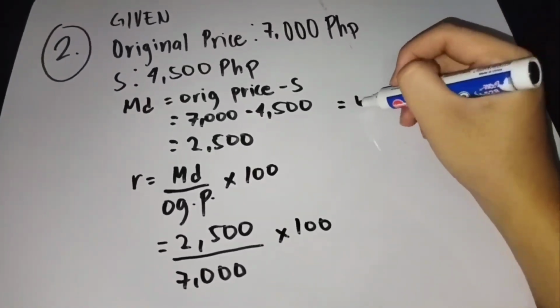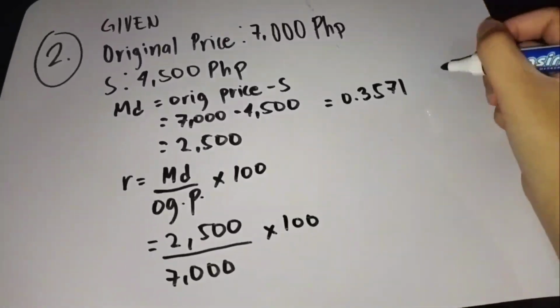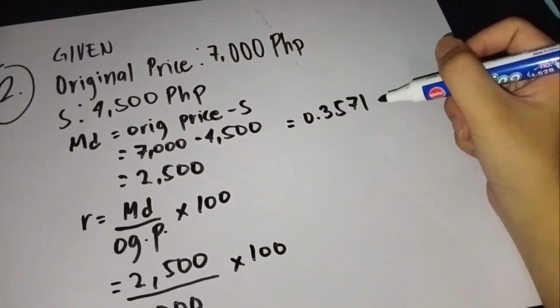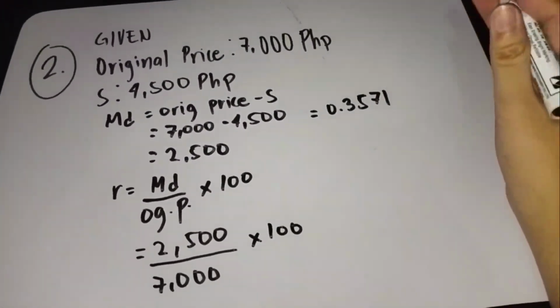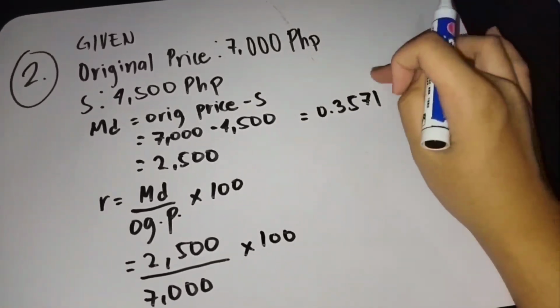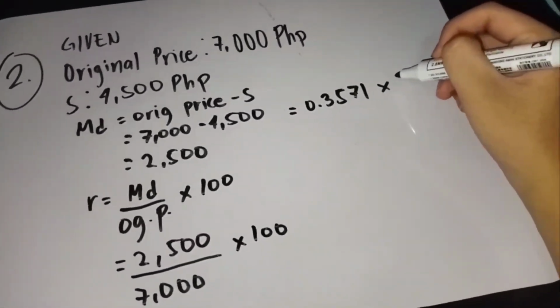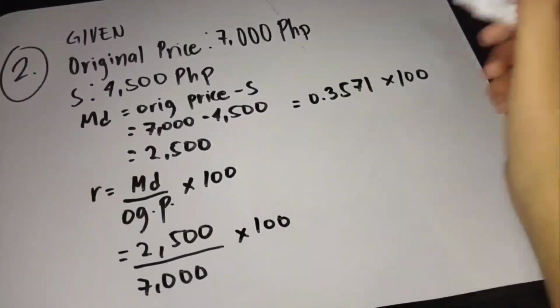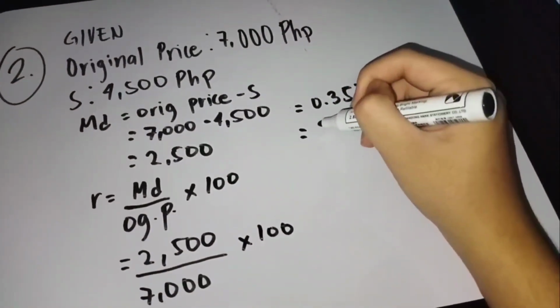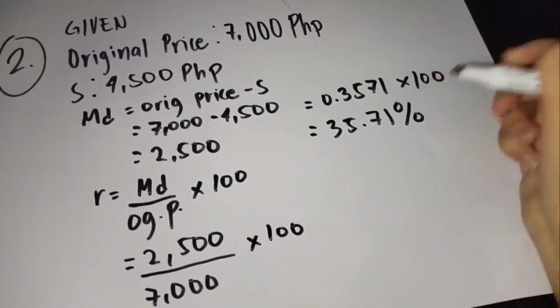Ang kakalabasan is 0.3571. Pero, kung makikita mo sa calculator, mas mahaba pa yon. Pero, yung technique na ginawa ko is ni-round off ko lang siya sa 4th decimal place since i-convert naman natin siya sa percent by multiplying it sa 100. So, ang kakalabasan niyan ay 35.71%.